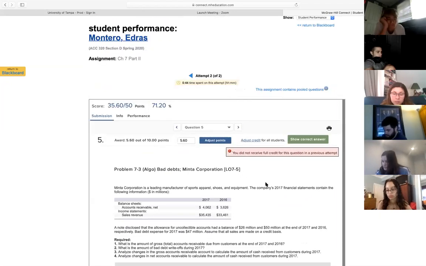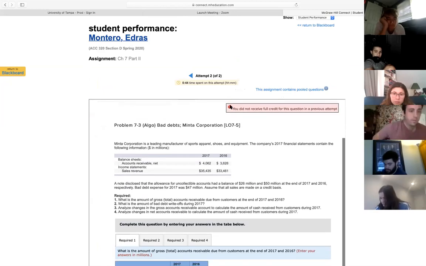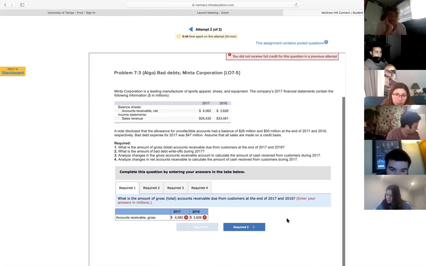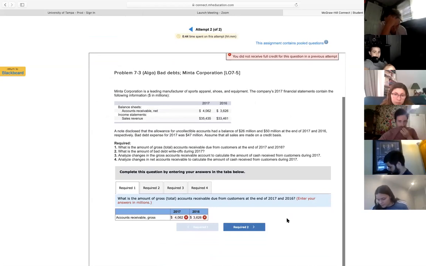Now this question is whether you got it or not. This is a great question that tests your understanding. So really quick, I always get confused with the in millions. So accounts receivable minus allowance for uncollectible accounts is gross account?